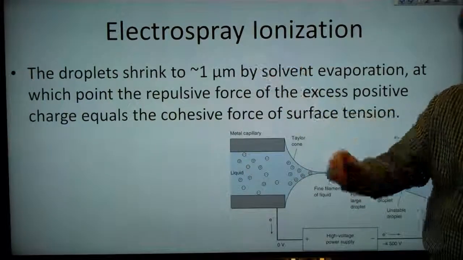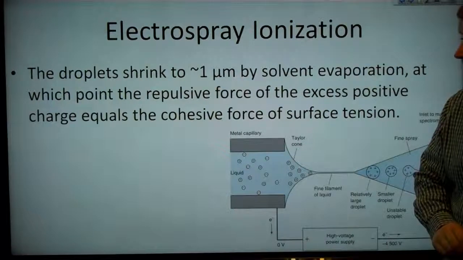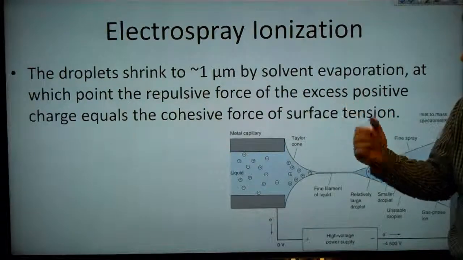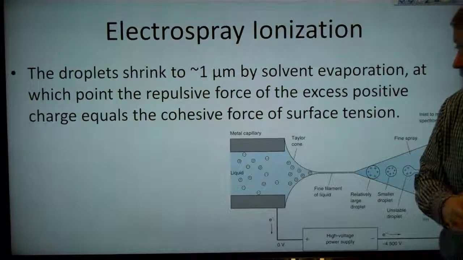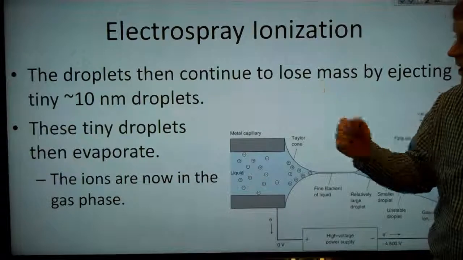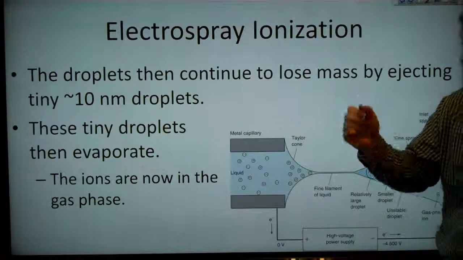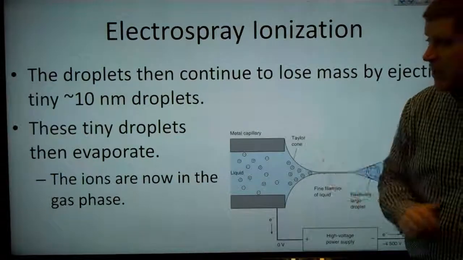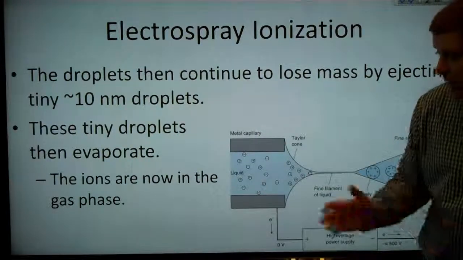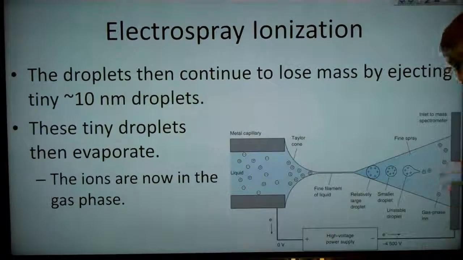The droplets shrink to around 1 micron in size through solvent evaporation, at which point the repulsive force of the excess positive charge equals the cohesive force of surface tension, and then the droplets continue to lose mass by ejecting very tiny, roughly 10 nanometer sized droplets, and these tiny droplets then evaporate and the ions are now in the gas phase.